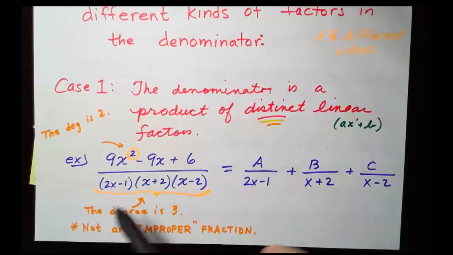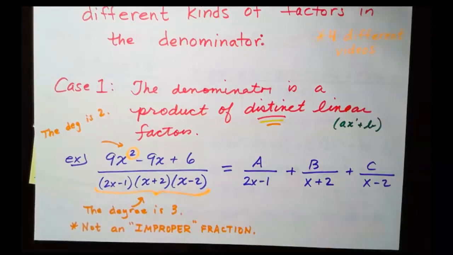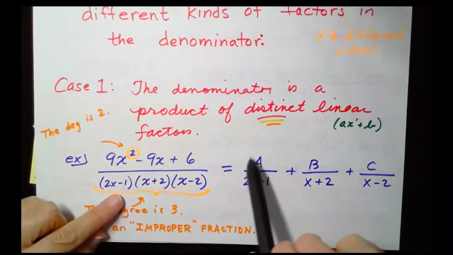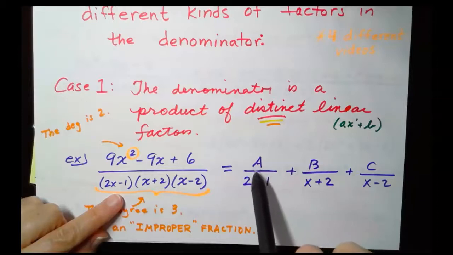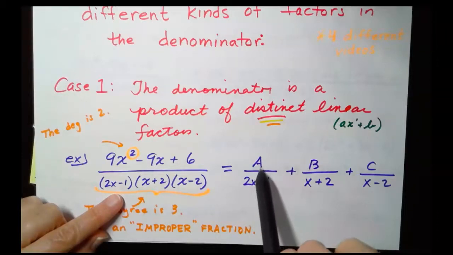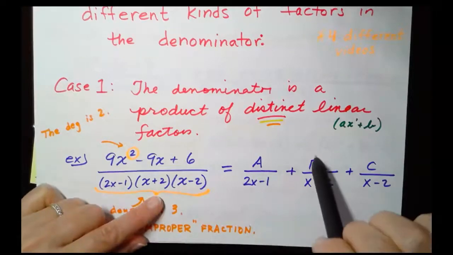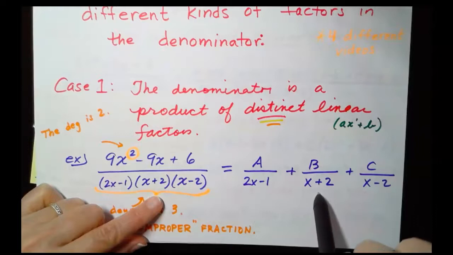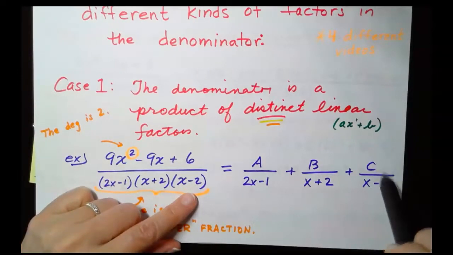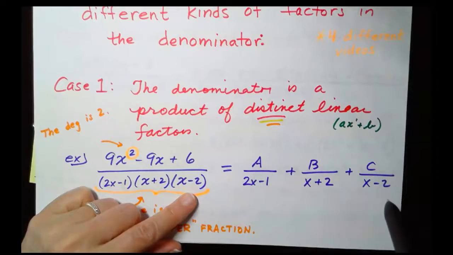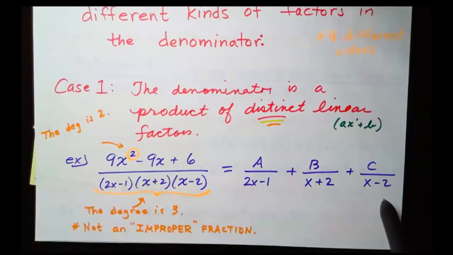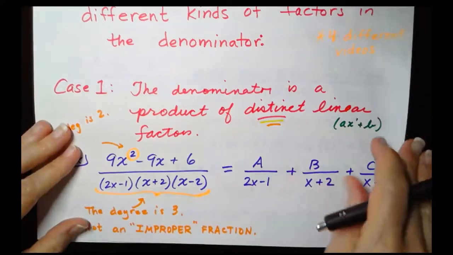So if these are our 3 factors in the denominator, then we're going to put a variable expression A, and note the degree of that. The degree of that is 0. It has no variable expression, it's just the constant. So the constant A over 2x minus 1, the constant B over x plus 2, and the constant C over x minus 2. This is the first step in decomposing this partial fraction.